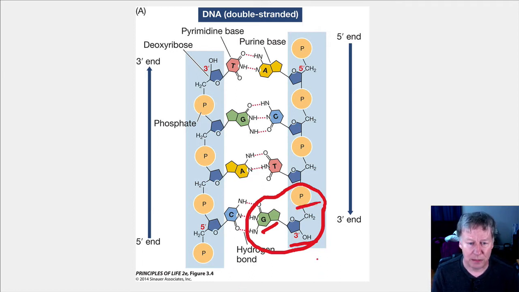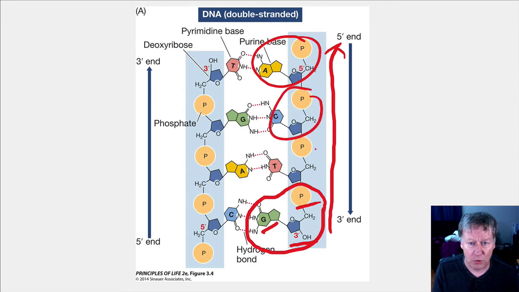These are the 3 pieces that are in every nucleotide. Nucleotides are joined together to form a chain. So this is a chain here of nucleotides. You can see nucleotide 1, 2, 3, and 4. And these nucleotides are bonded together with covalent bonds using condensation reactions to bond them together.